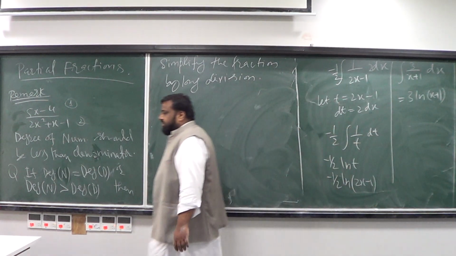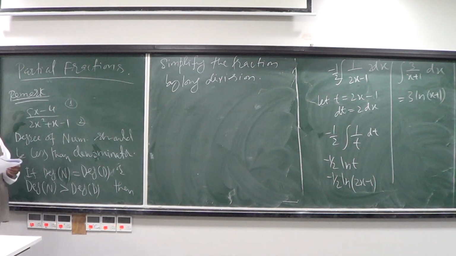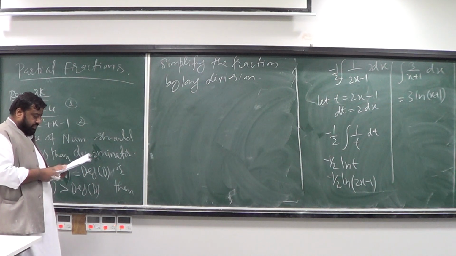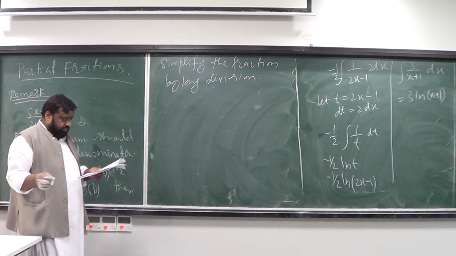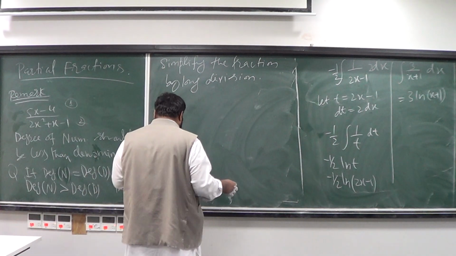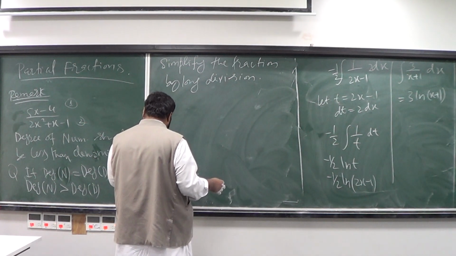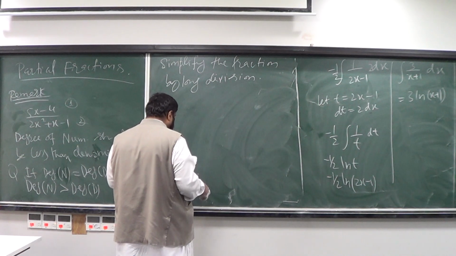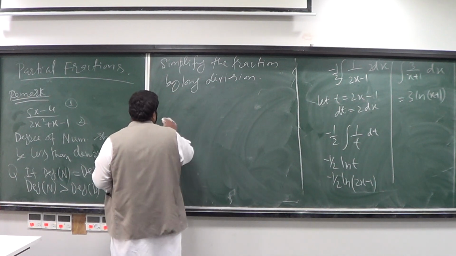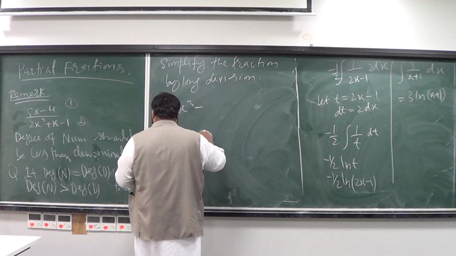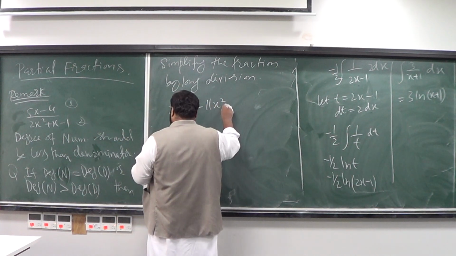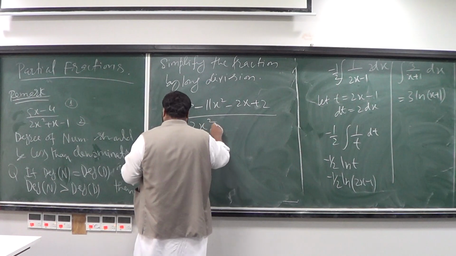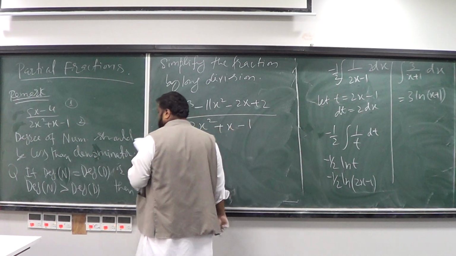Here is one example. For example, you have a fraction like this: 2x cubed minus 11x squared minus 2x plus 2 divided by 2x squared plus x minus 1.